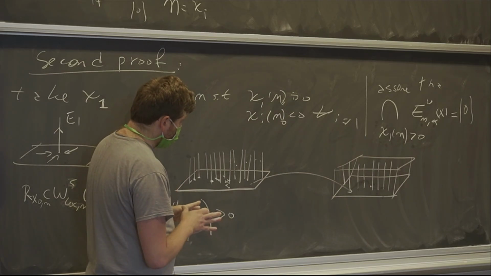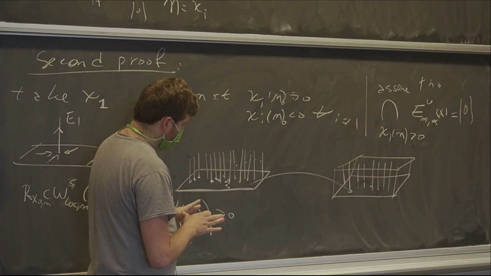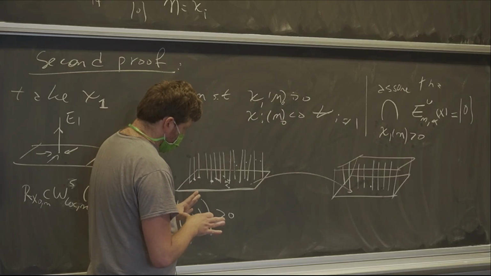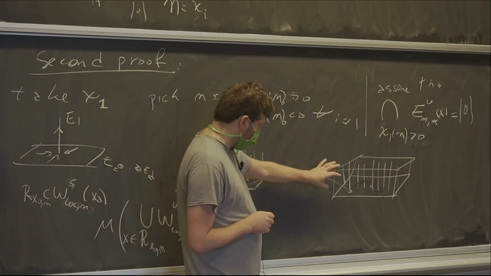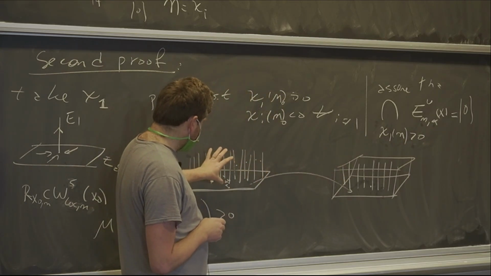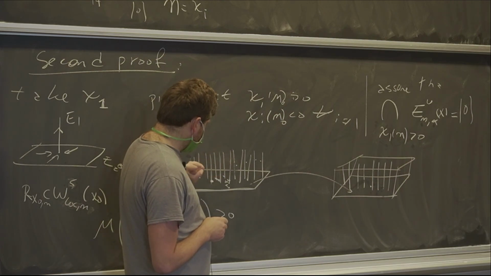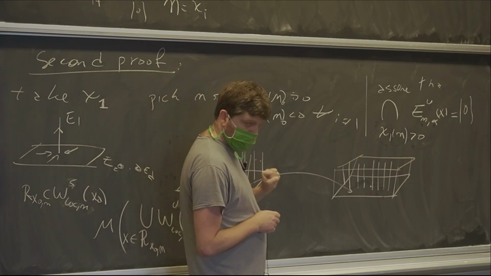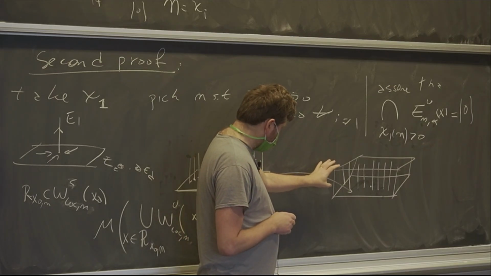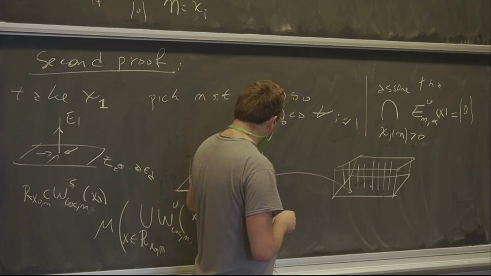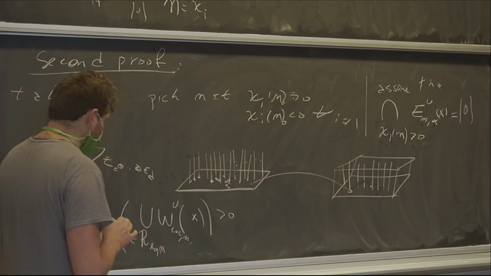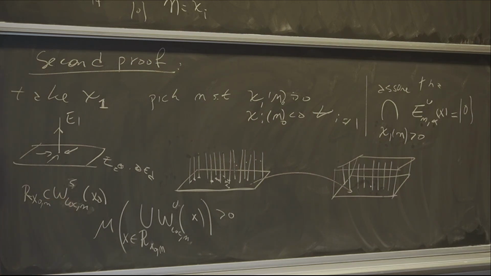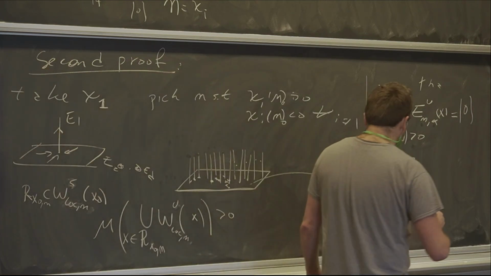Now I need to do the things correctly. So I will intersect guys so that I, okay. So I get, remember, I think I want to get zero measure upstairs or positive measure downstairs. But we will see in a minute how we do it. So I should have changed this.